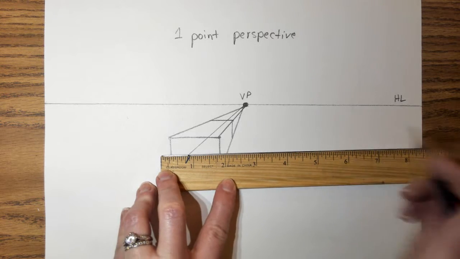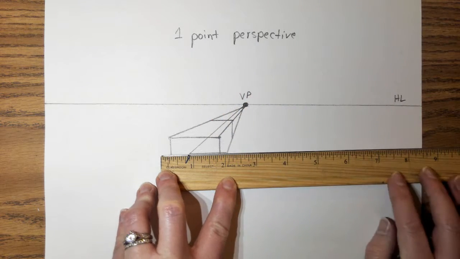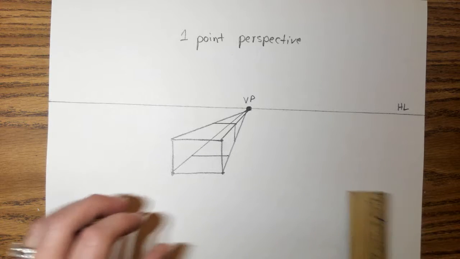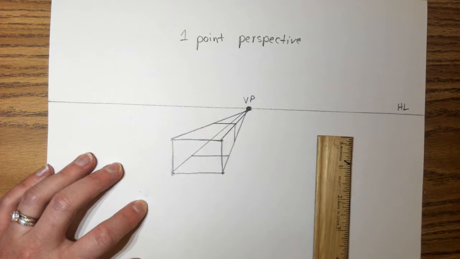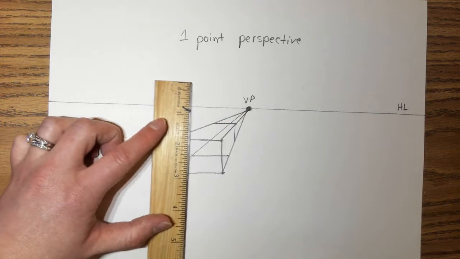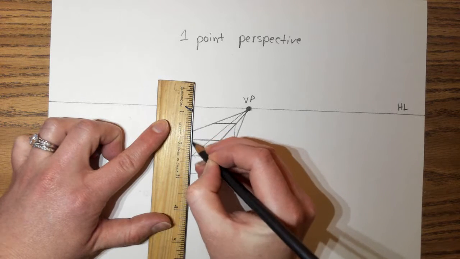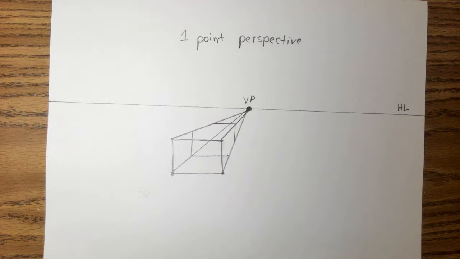I'm making sure my ruler's horizontal. I put it all the way across. And now I'm going to go vertical from this corner up. And again, I'm going to make sure it's straight up and down just like here. So now it's starting to look like a 3D cube.